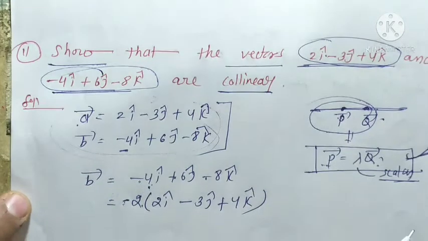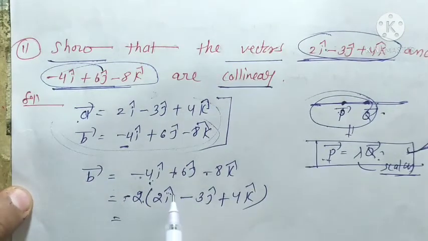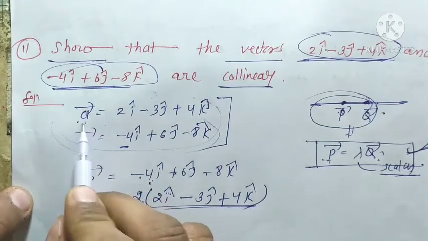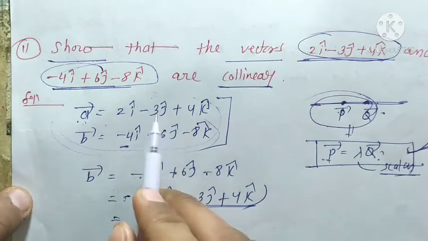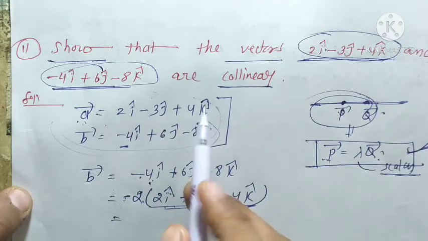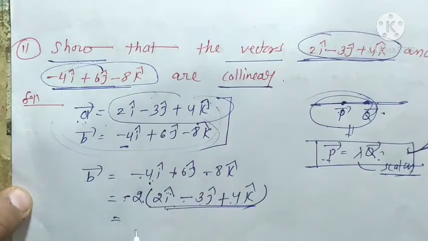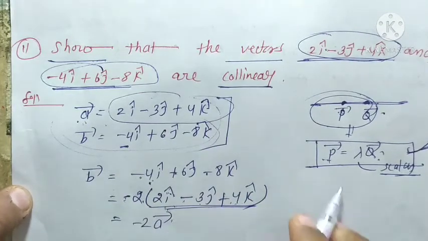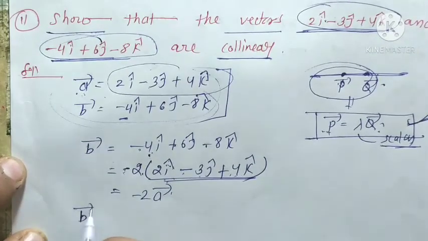Understand that? And you can see that vector a is equal to 2i minus 3j plus 4k. So we can write 2 times vector a. So finally b is equal to minus 2 times vector a.